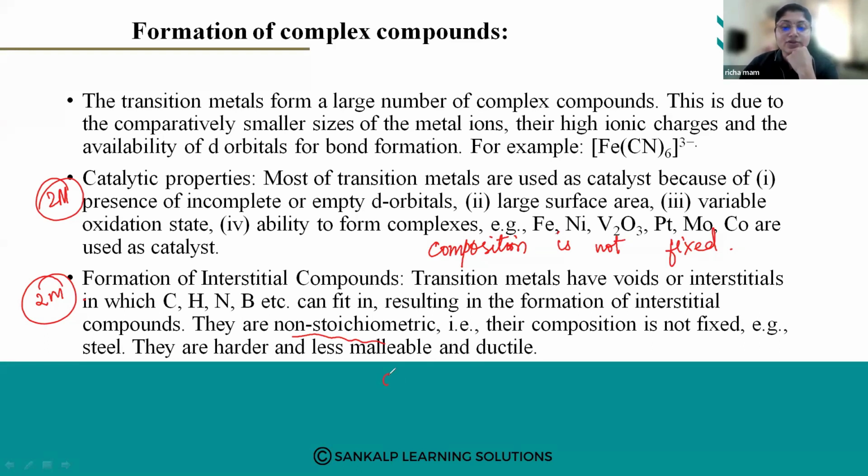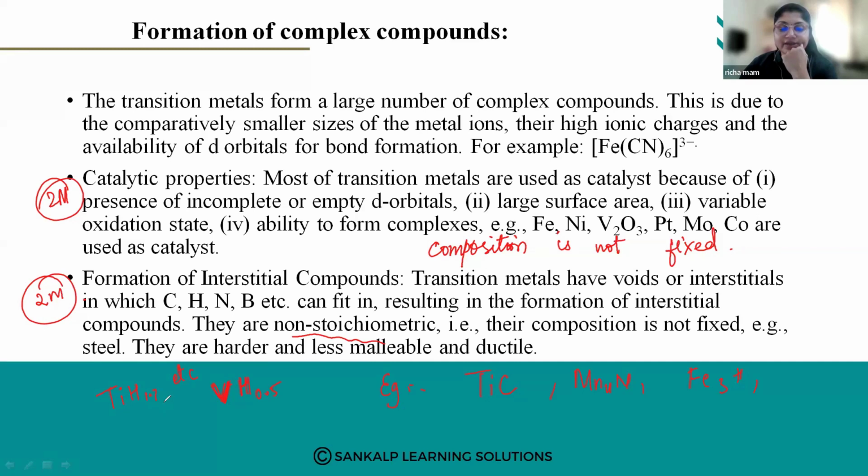Other examples of interstitial compounds are titanium carbide, Mn4N, Fe3H, then VH. Here vanadium and hydrogen are present in 0.5, so you can see the composition is not proper.